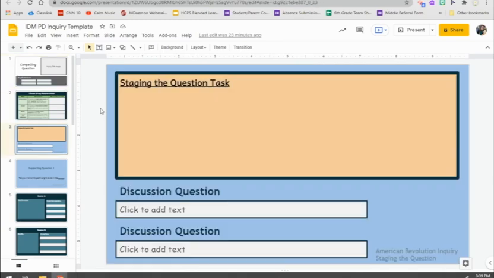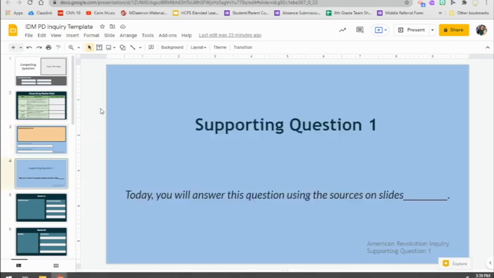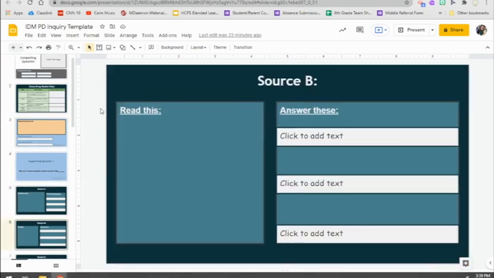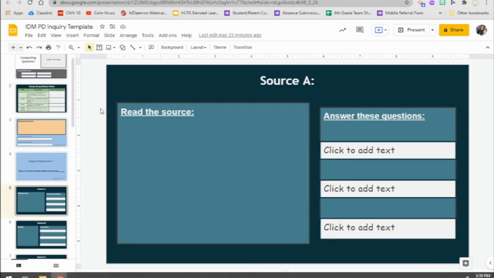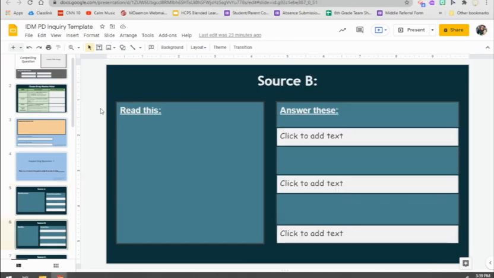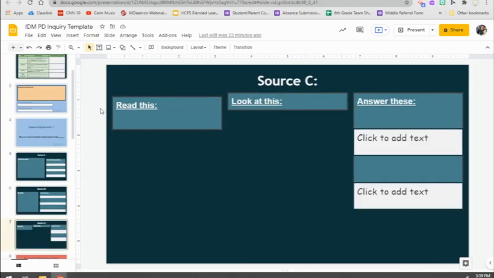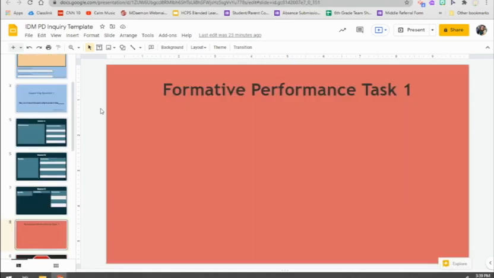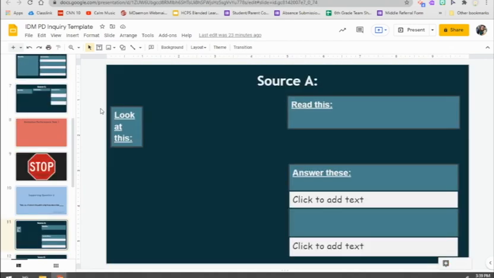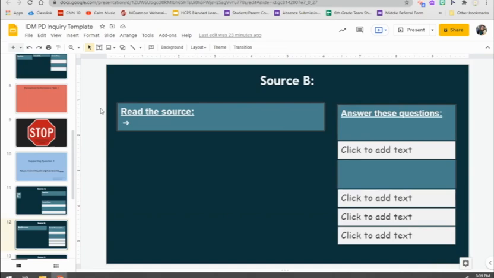Feel free to use it, feel free to modify it, feel free to change it around, do whatever is best for you. I also just erased the sources, but kept the format of these slides in case you want to play with that as well. So you are welcome to use this however you would like or not use it, whatever is best for you.